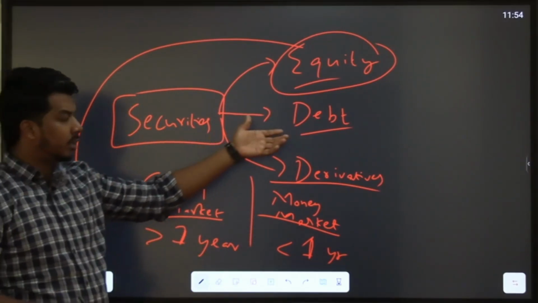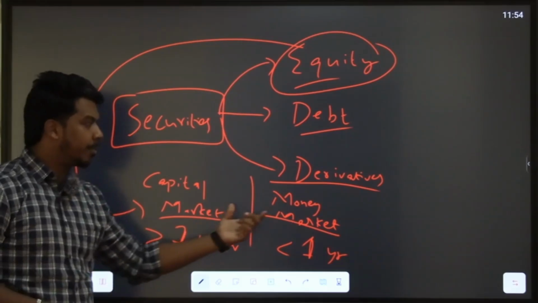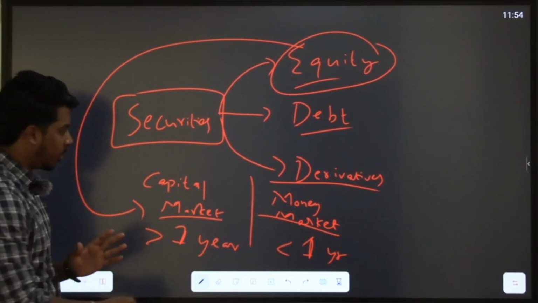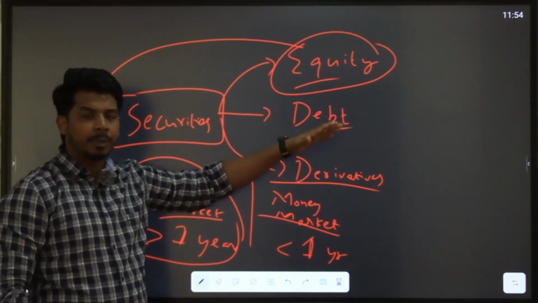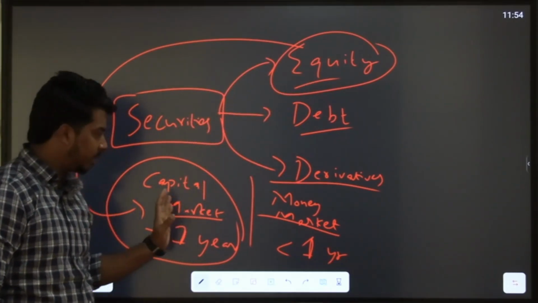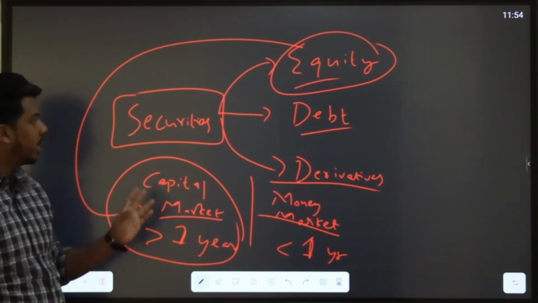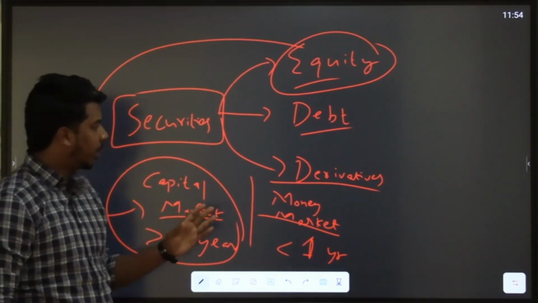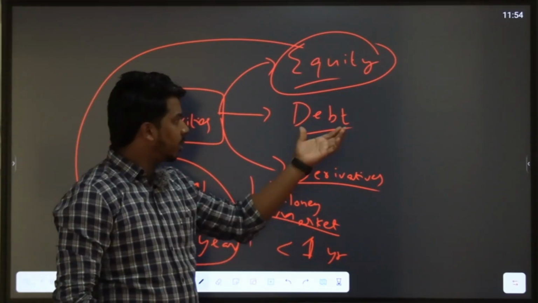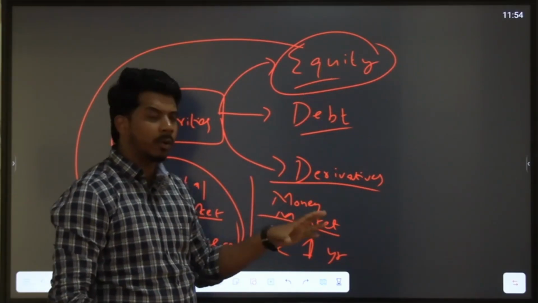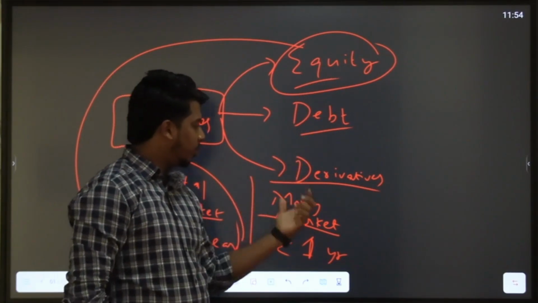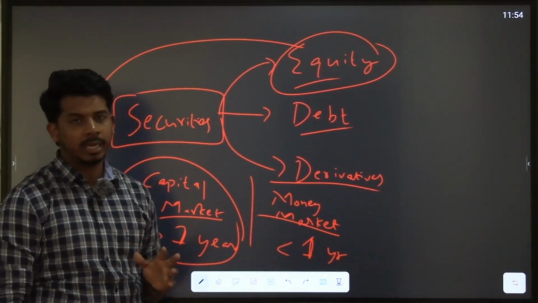So you have to see whether the same instruments belong to the capital market or money market. Now you have understood the capital market. It deals with equity, debt of more than 1 year, and derivatives, etc. Hope you have understood. Everything is the securities market. Now the money market usually deals with debt only, loans, because there is no concept of ownership for 6 months. So usually debt is for less than 1 year.